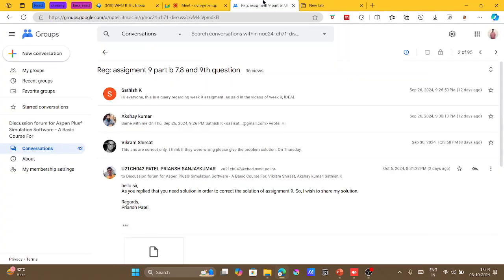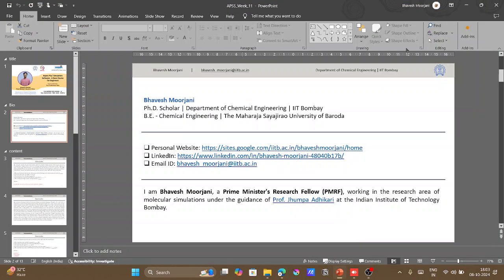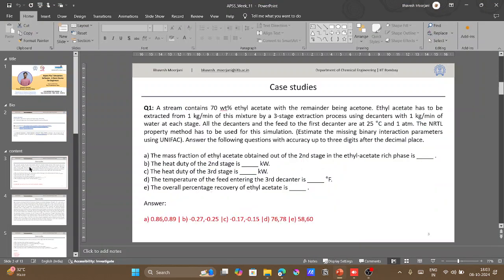Coming back to our course content, we will start from where we had stopped last time. At the end we were discussing extraction by a series of decanters rather than a particular extraction column. We have a series of decanters placed one after another, and the extraction process is carried out.